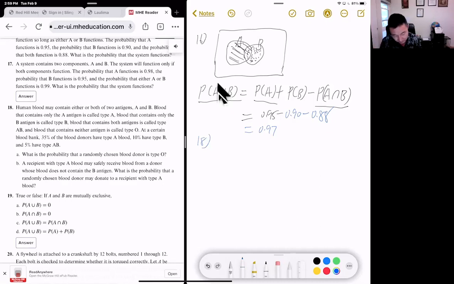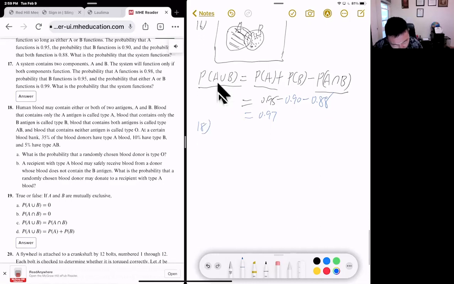So we know, this is blood type. Blood that contains neither antigen is called type O. Let's draw a diagram.